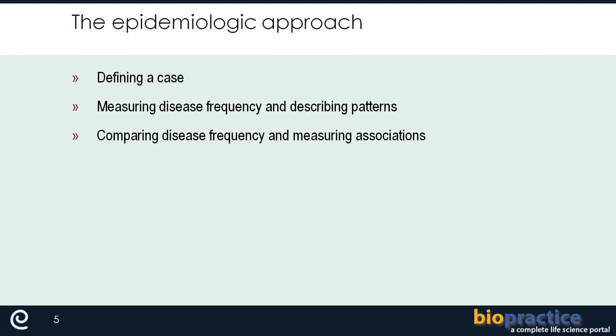So you're looking for risk factors. If you just stay with describing the disease frequency, you will call it descriptive epidemiology. If you go the step further and look for risk factors or causal factors, you can call it analytic epidemiology.